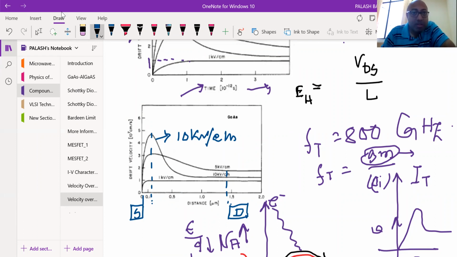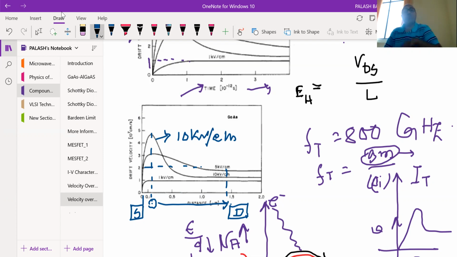That's what I'm saying. You might have got a huge field over here, but by the time it reached the drain side, you have come down to 5 kilovolt per centimeter, to 2 into 10 to the 7 centimeter per second. So that much velocity, right?